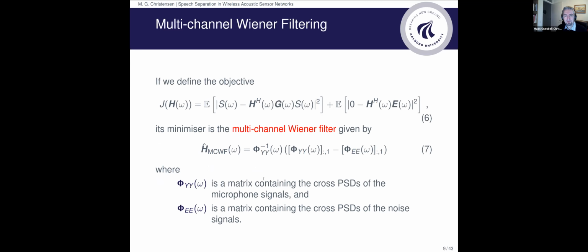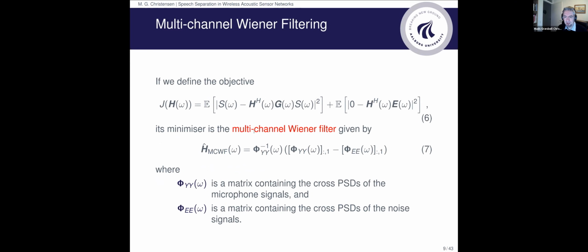So if we define the objective as a mean square error, we want to minimize the expected value of the squared difference between the target speech and the output of the filter as applied to the speech part, and minimize the noise power here.